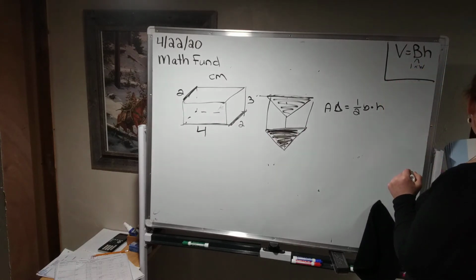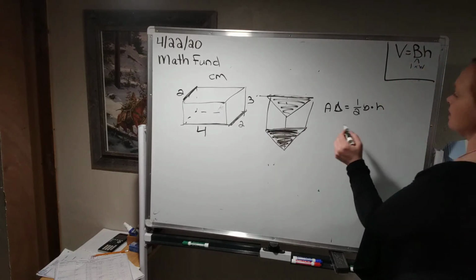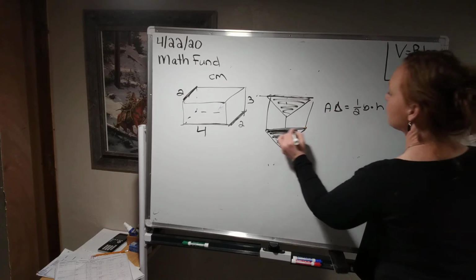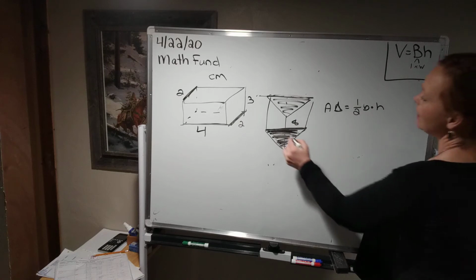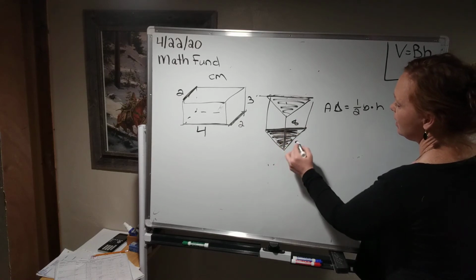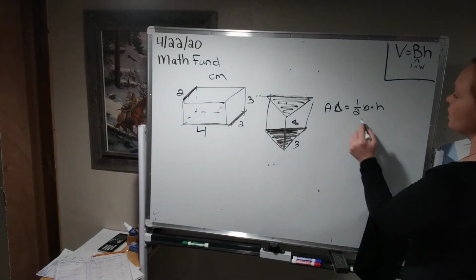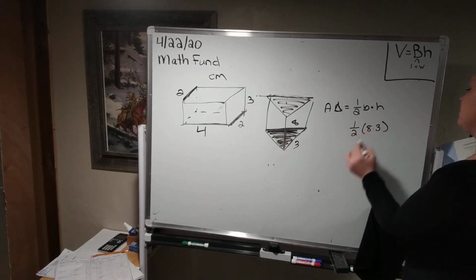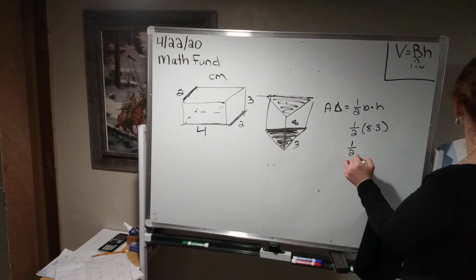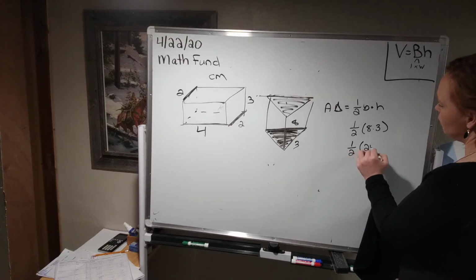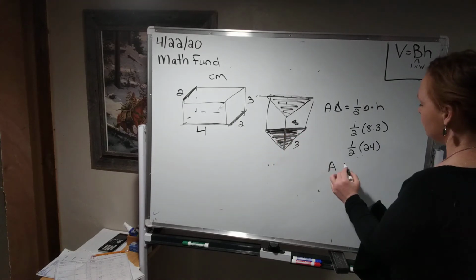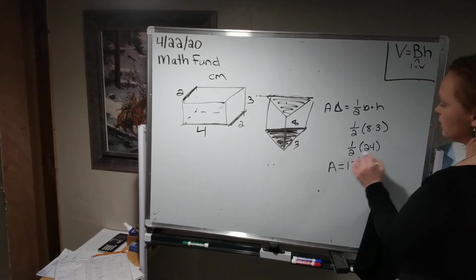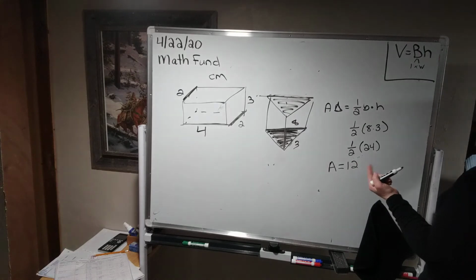So let's do that. We can see that the base of the triangle according to our picture is 8, and the height is 3. So let's fill that in. We have 1/2 times 8 times 3, so we have 1/2 of 24. So the area of the base of the triangle equals 12. 24 divided by 2 equals 12.